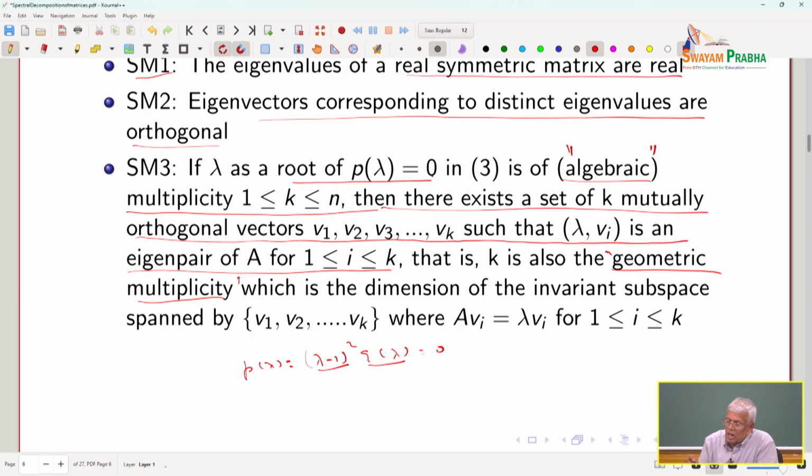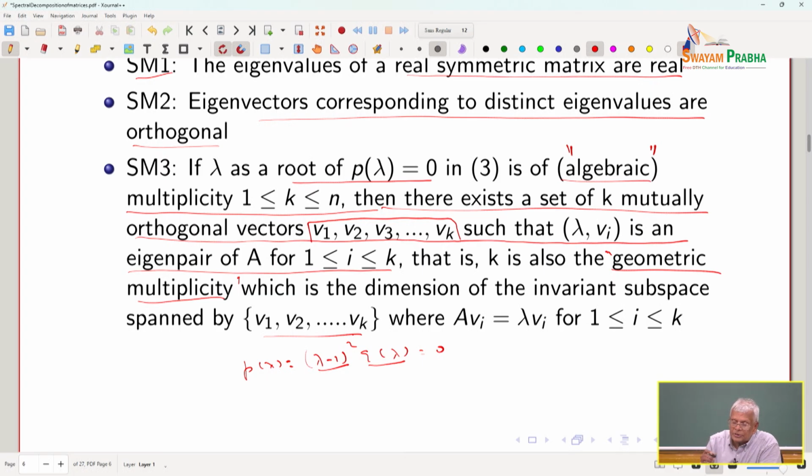Each eigenvalue corresponds to an eigenvector. There exists a set of k mutually orthogonal eigenvectors v1, v2, ..., vk such that (lambda, v_i) is an eigenvalue-eigenvector pair, called an eigenpair. If the k eigenvectors corresponding to the same eigenvalue are linearly independent, then k is also called the geometric multiplicity, the dimension of the invariant subspace spanned by these.